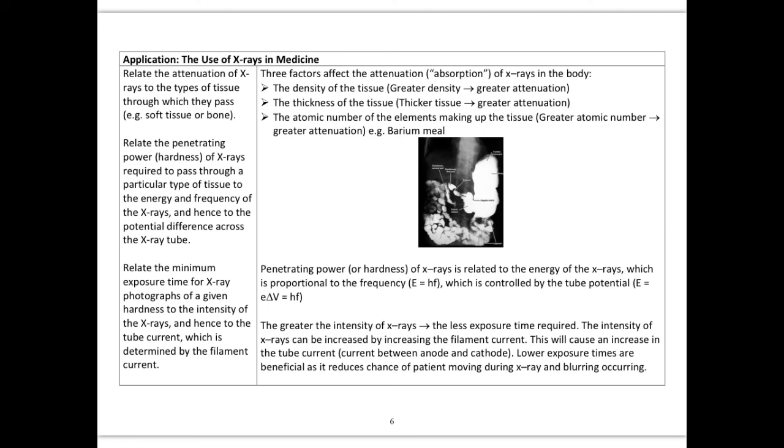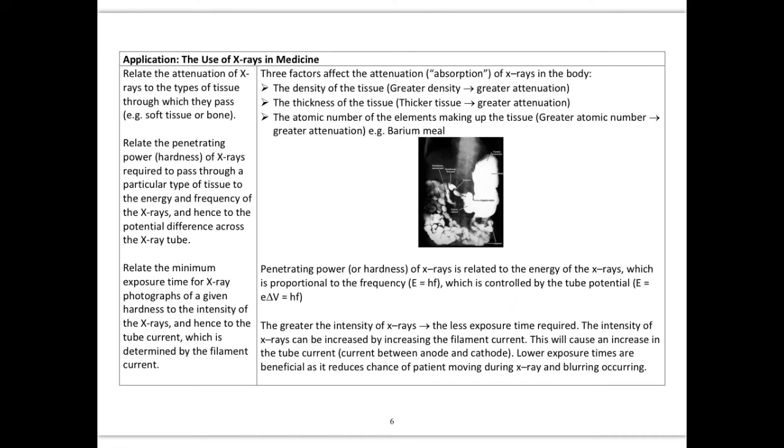Okay, so if we want to increase our penetrating power, as I said, we call that the hardness of our X-rays, we need to give them more energy. To give the X-rays more energy, we need to give the electrons that are being fired at the target more energy, because the more energy the electron has, the more it can lose, the more that can get converted into an X-ray.